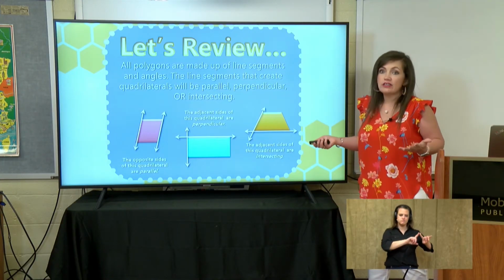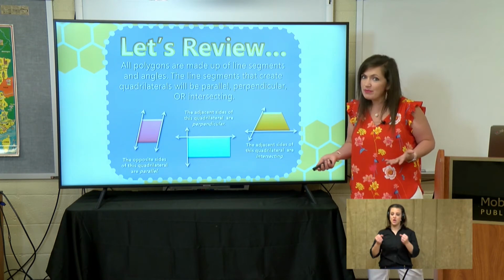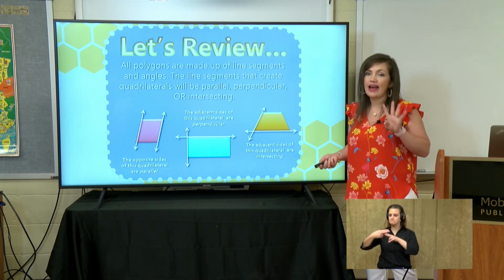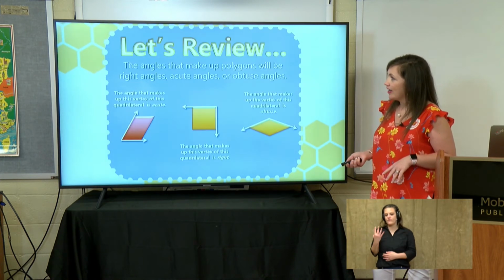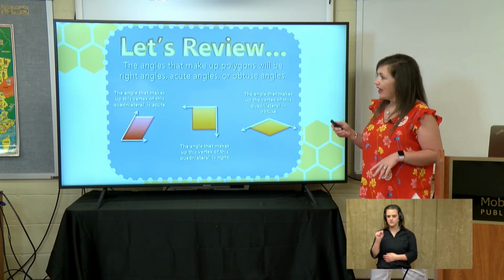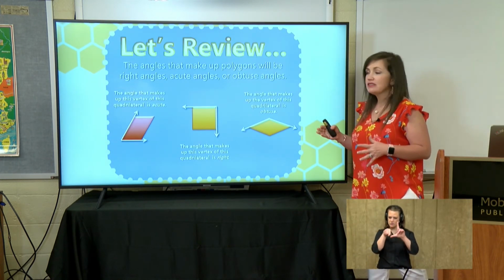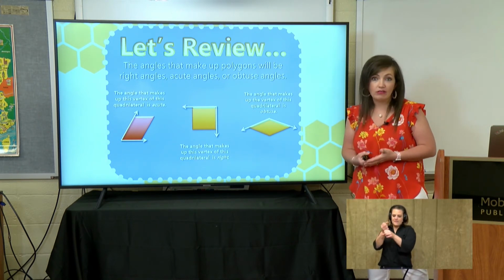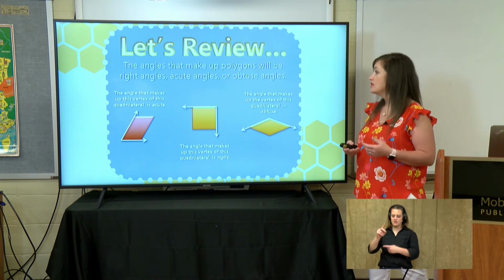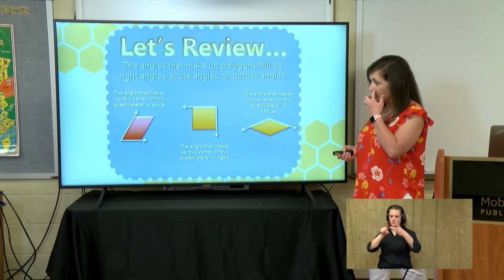And in order for it to be a quadrilateral, how many sides does it have to have? That's right, 4 sides. So the angles that make up these polygons or quadrilaterals will be right angles, acute angles, or obtuse angles.